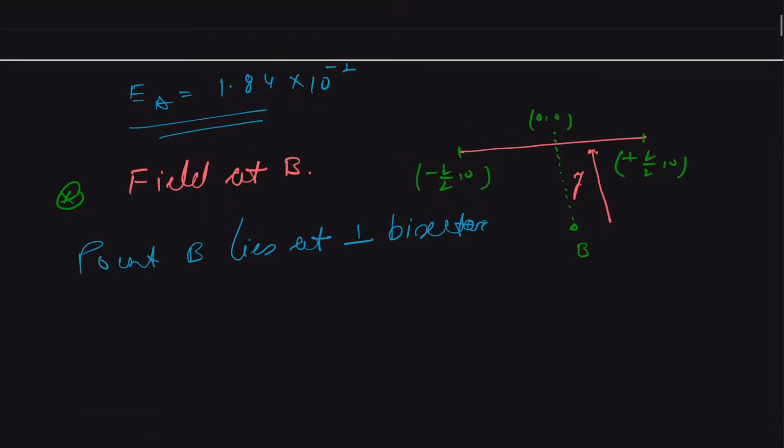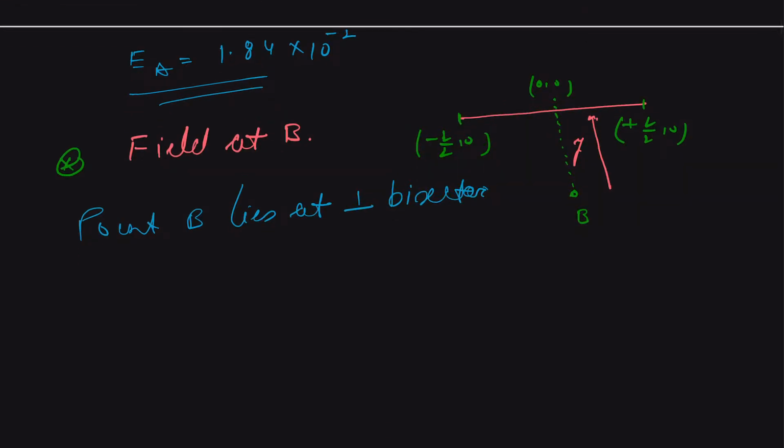So perpendicular bisector, and therefore at a distance, and that distance we are taking as y, which is given to us as 5 centimeters, and that will be equal to 0.05 meters. And everything is same, so we can use that.